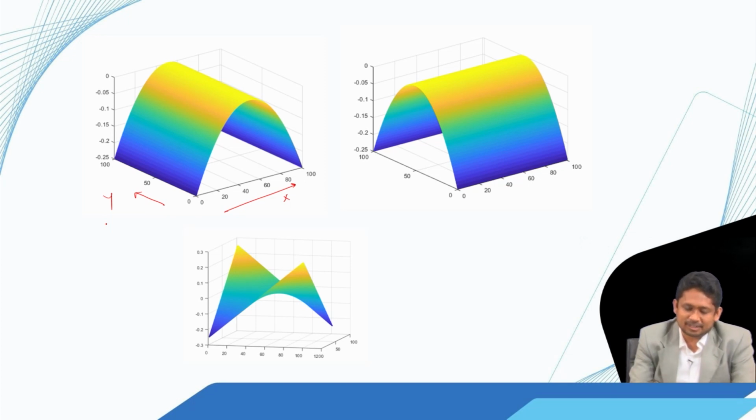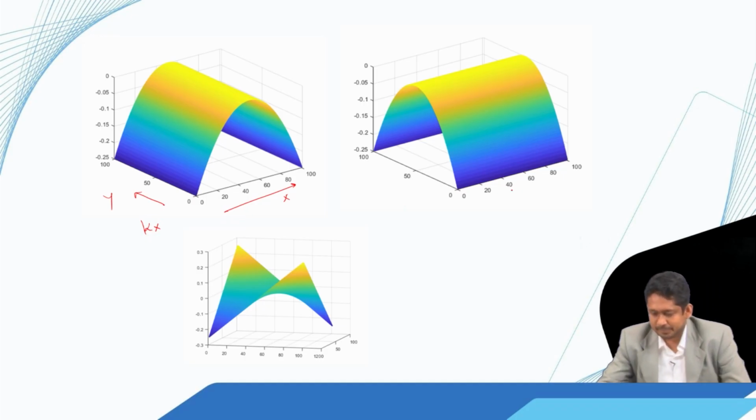This is the result of the first curvature term kappa x, the slope of the slope with respect to x, that means a curvature along x direction, so double derivative with respect to x with negative. Similarly, this is x, this is y, and this is the result of kappa y.